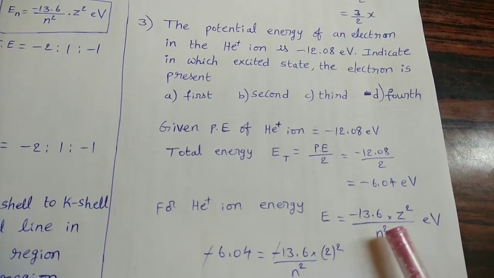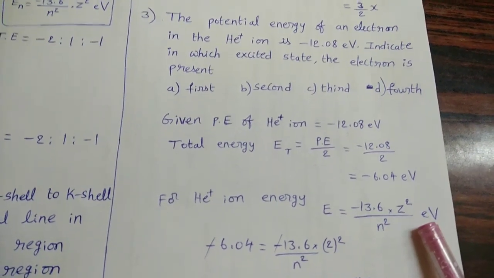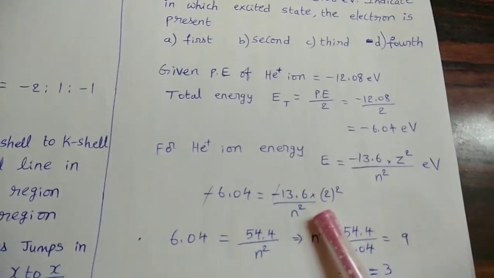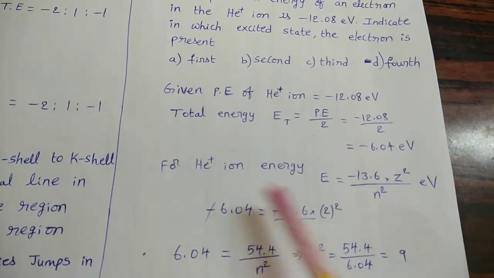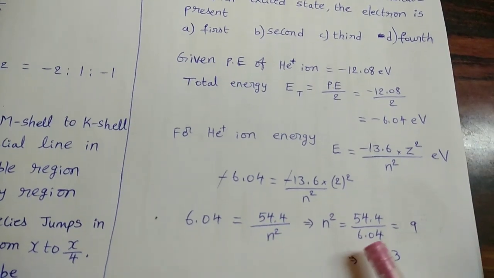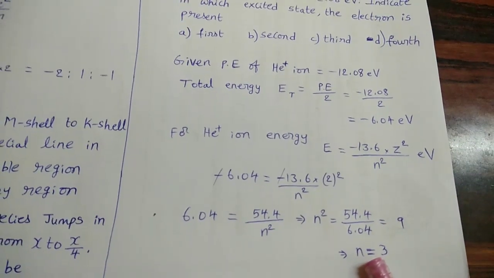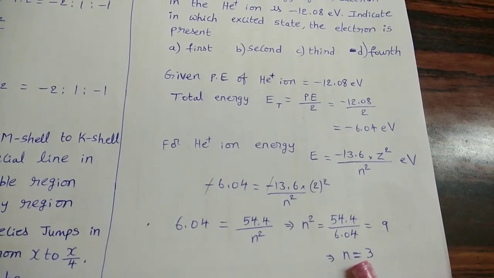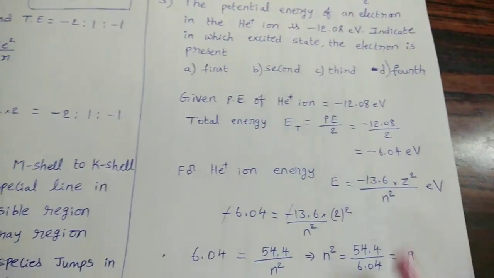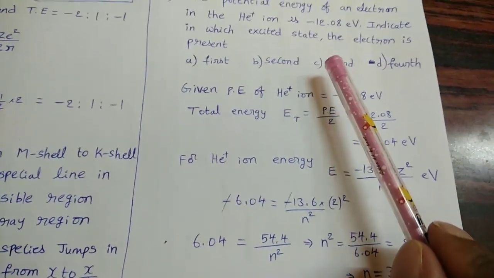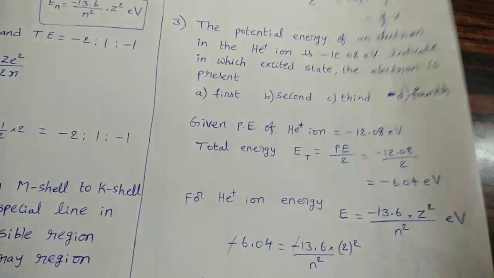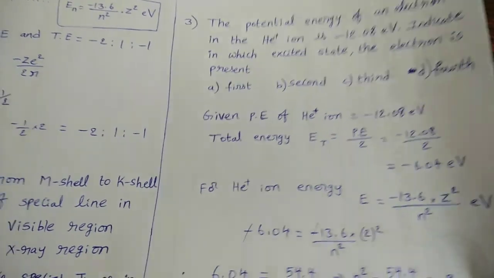Minus 13.6 into Z square by n square eV. So here E means this value, substitute this value, and Z for He plus atomic number is 2, n value we should find out. Then by doing calculation we can get this one. So for third orbit, potential energy of the electron is this one in He plus ion. So third orbit means, what is the option? Option C is the answer. Okay, practice well, you can get good marks related to these energy numericals.